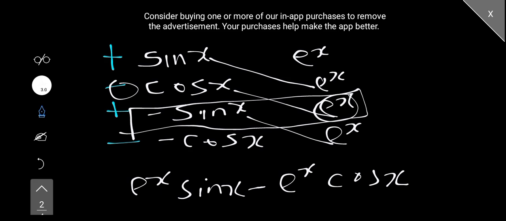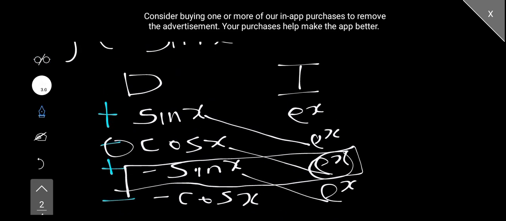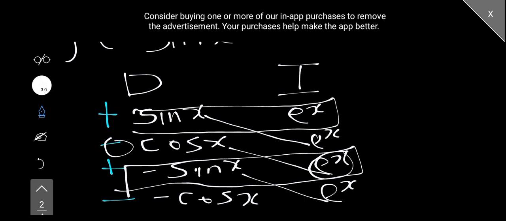So when that happens, you multiply these two functions that have repeated, because remember, when we multiply sine x times e to the power x, the result is the integral of sine x times e to the power x.